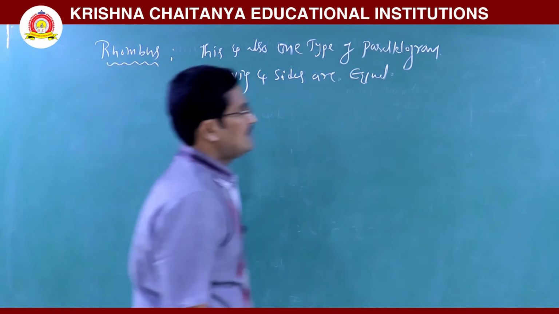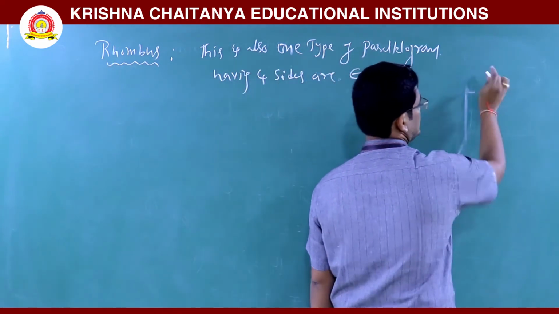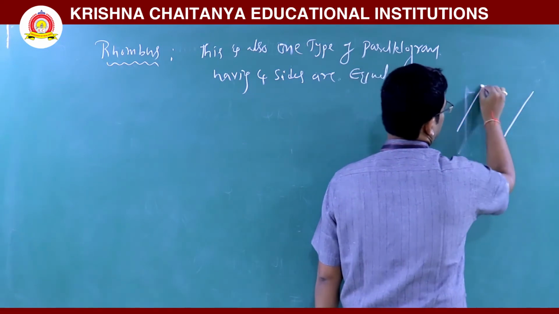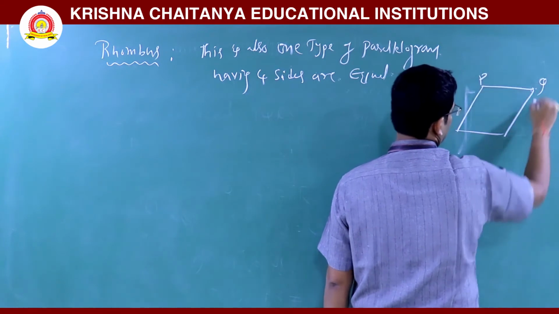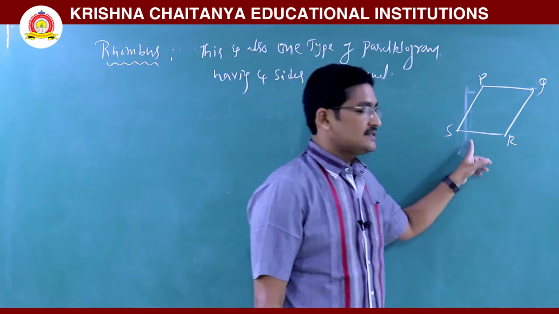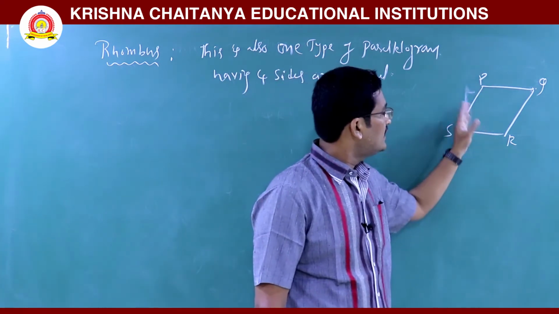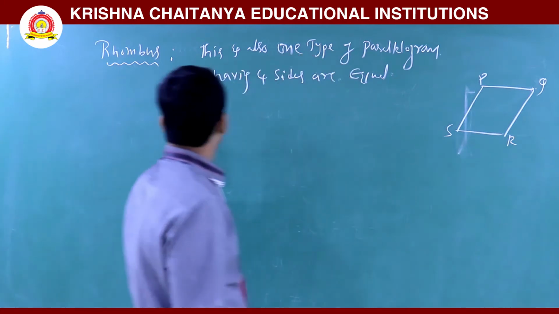Suppose I am taking the quadrilateral like this, PQRS. See here, I am taking the parallelogram PQRS. This is a parallelogram. These two should be parallel. This quadrilateral PQRS is said to be a rhombus.